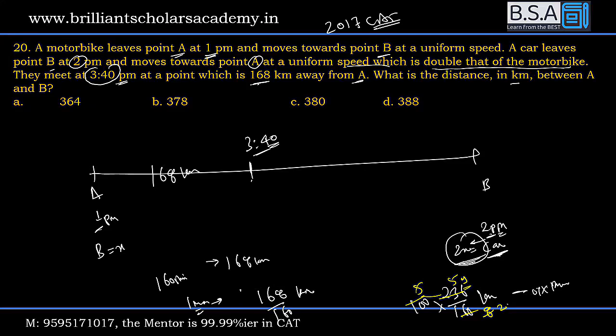How many minutes is this one traveling? 2 बजे से 3:40, 100 minute. So 210 kilometers. कैलकुलेशन का चेक कर लो. 20 into 5, 20 into 8, 336 by 8 into 5. 336. Yes, 210 exactly. 210 kilometers.